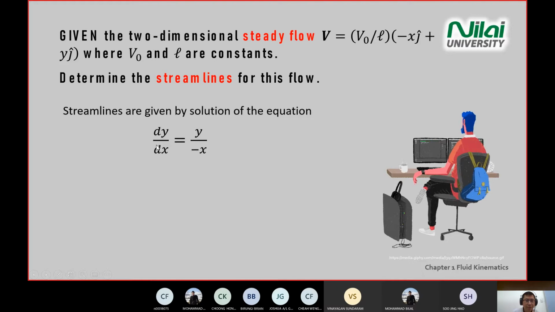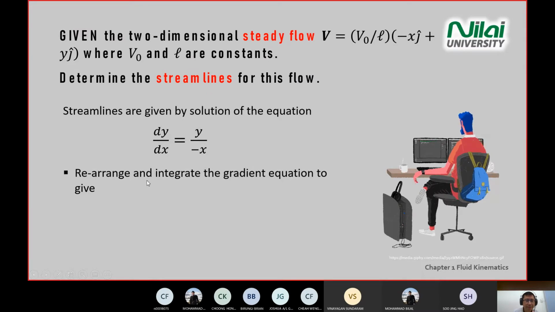From the slide on the screen, you see dy/dx. Move your dx from the left to the right, and move your y to the left. You put the dy on one side, dx on the other side, and put the related terms together.